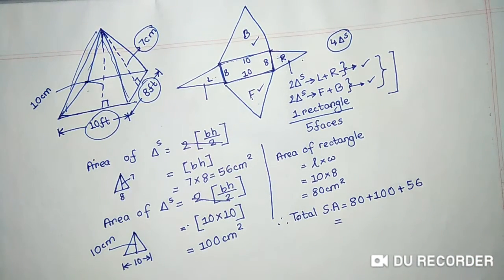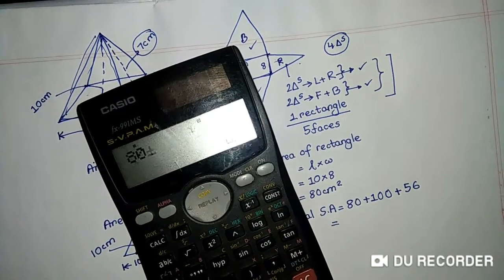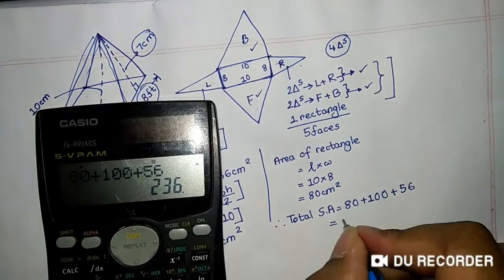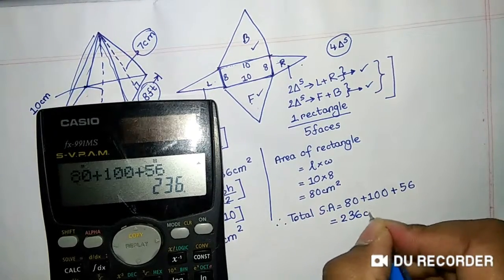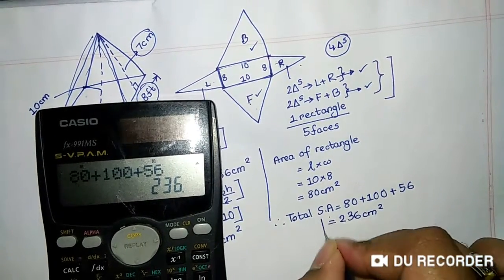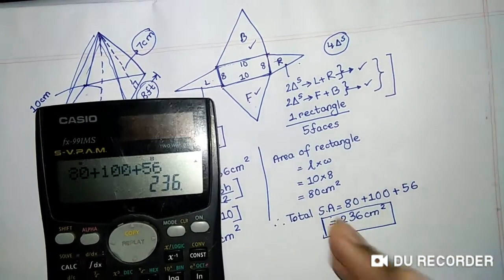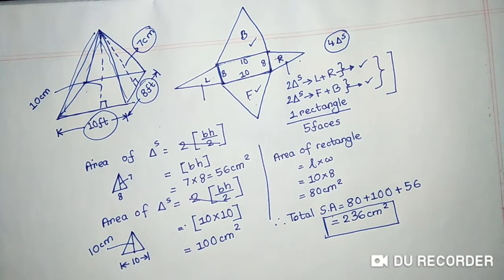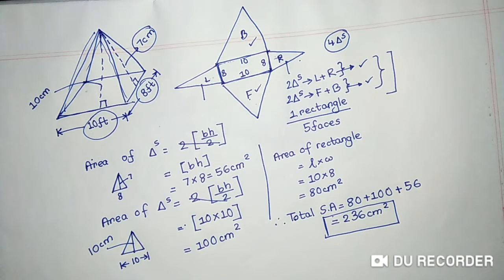And as we do the calculation over here, 80 plus 100 plus 56, we end up with 236 centimeters square. So this is how you can find the surface area for a rectangular pyramid. And I suggest that you know how to visualize the diagram rather than memorizing the way it is done.